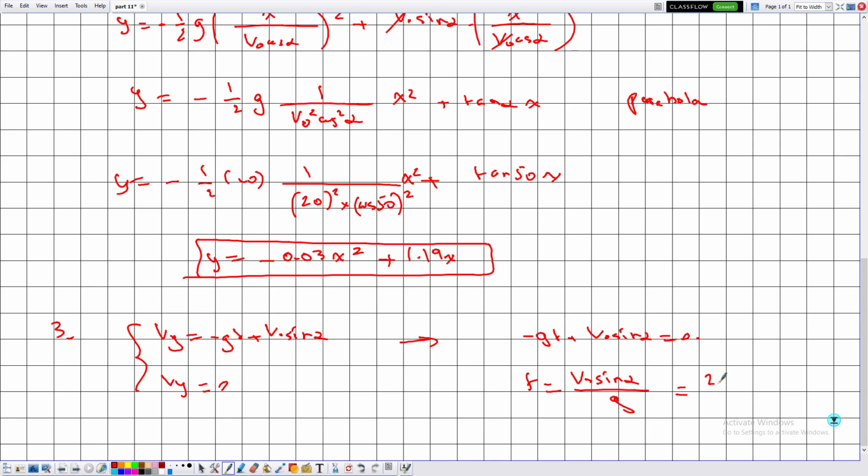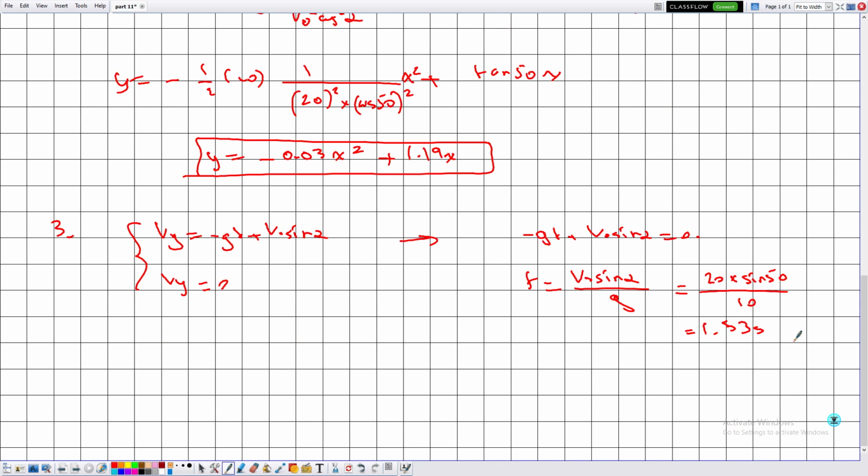So 20 multiplied by sine of 50 divided by 10, which is equal to 1.53 seconds.